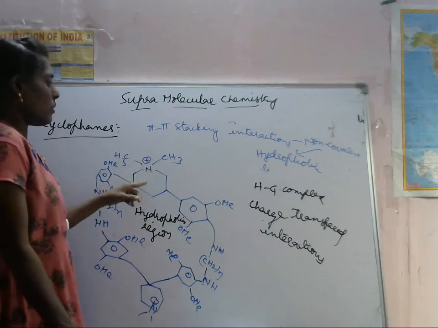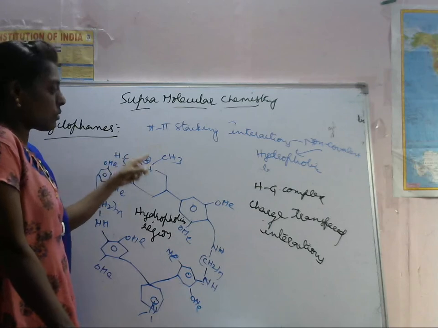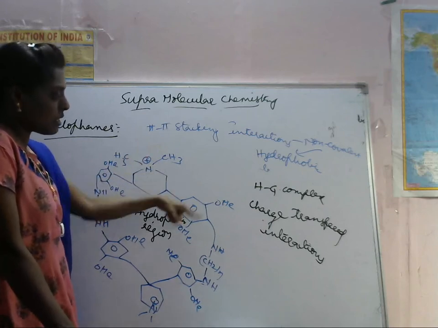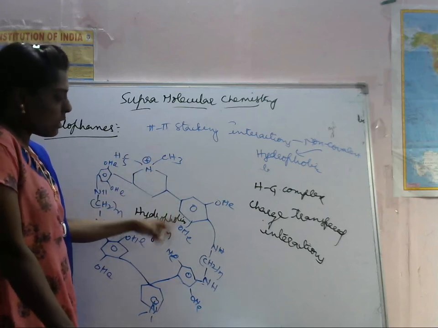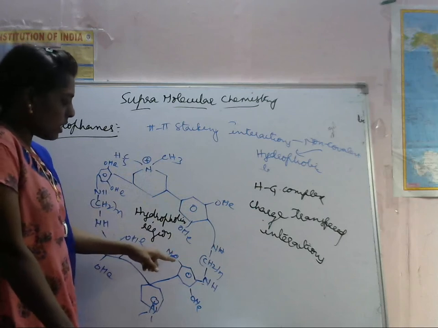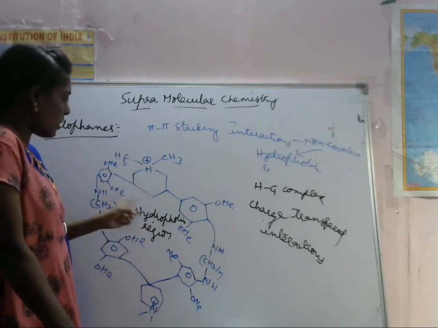Here we are taking quaternary ammonium salts connected with aromatic groups, and methoxy groups will be there. We can write it like this: NH, CH2, N, with OMe groups here and there, N, H attached to this one, and OMe group here.